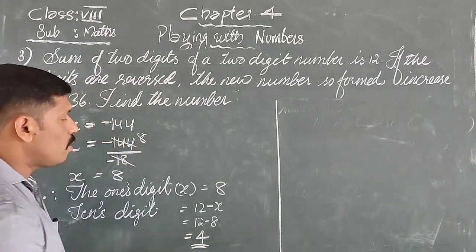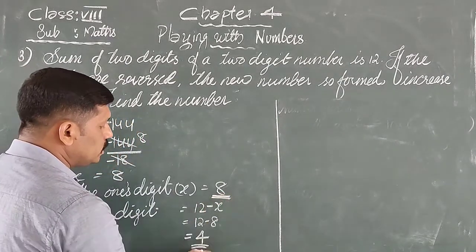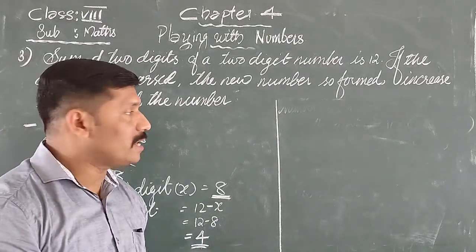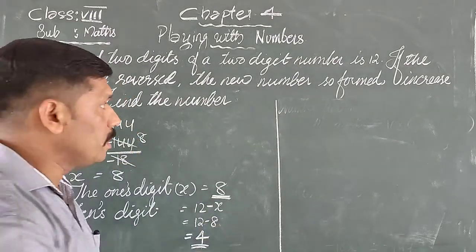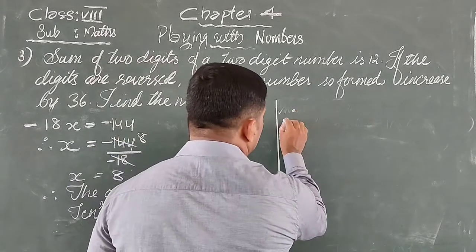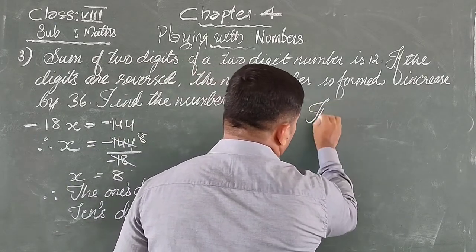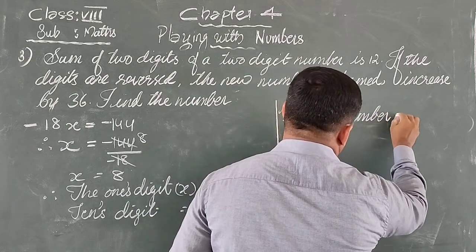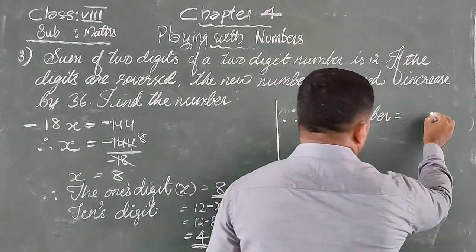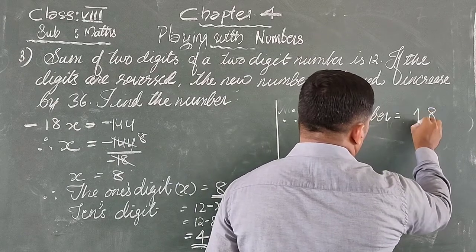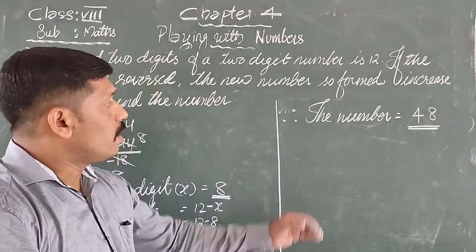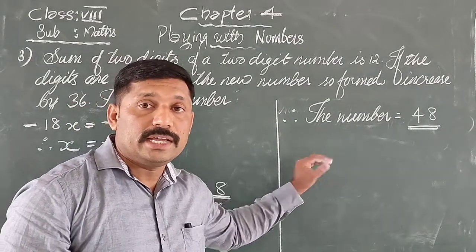So students, now we got the ones digit and the tens digit. If we know the ones digit and the tens digit, we can find the number. Therefore, the ones digit is 8 and the tens digit is 4. That means 48. The original number is 48.